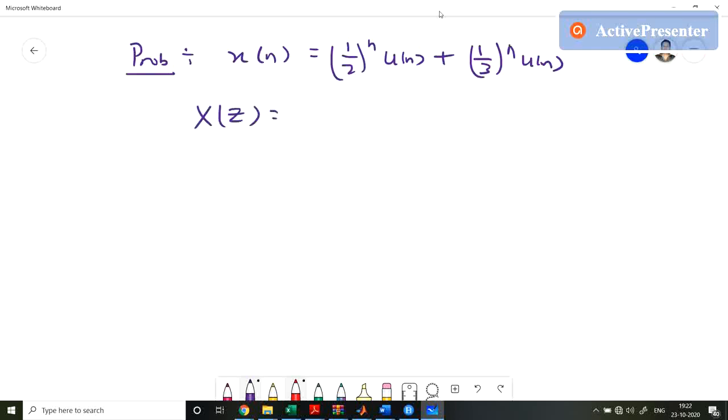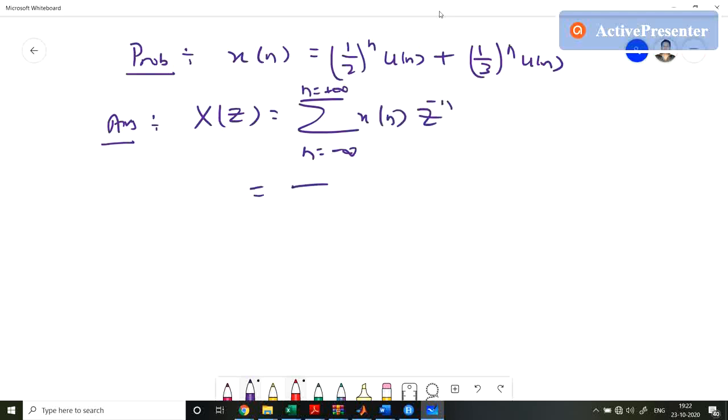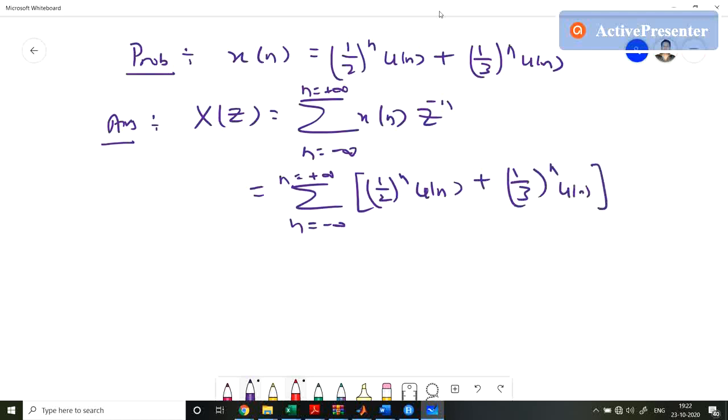So Xz is given as summation n is equals to minus infinity to plus infinity xn z raised to the power minus n, and it is equals to summation n is equals to minus infinity to plus infinity of 1 by 2 raised to the power n un plus 1 by 3 raised to the power n un, times z raised to the power minus n.